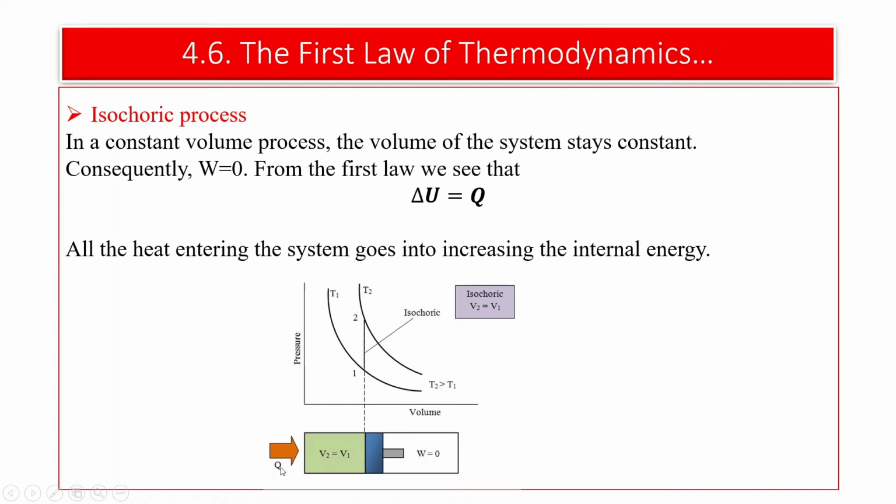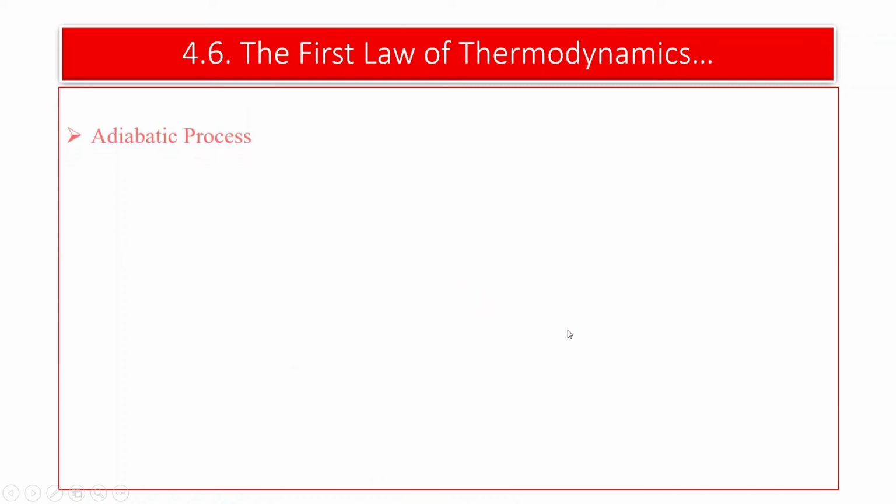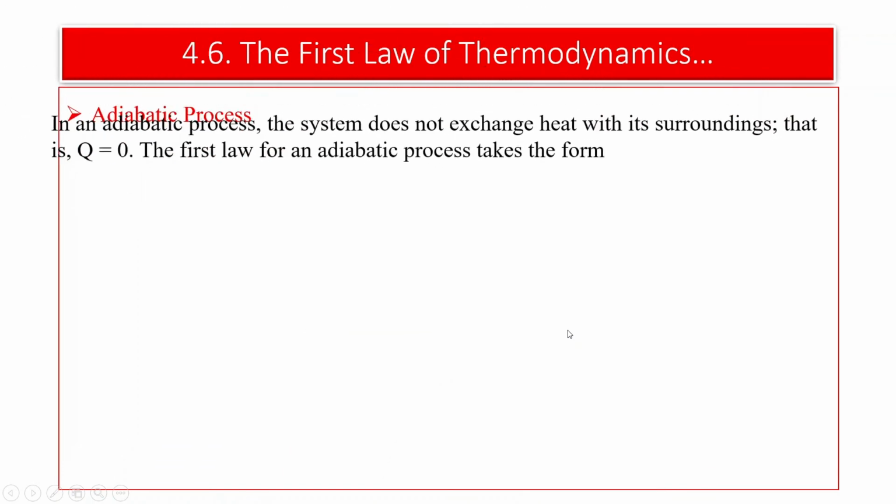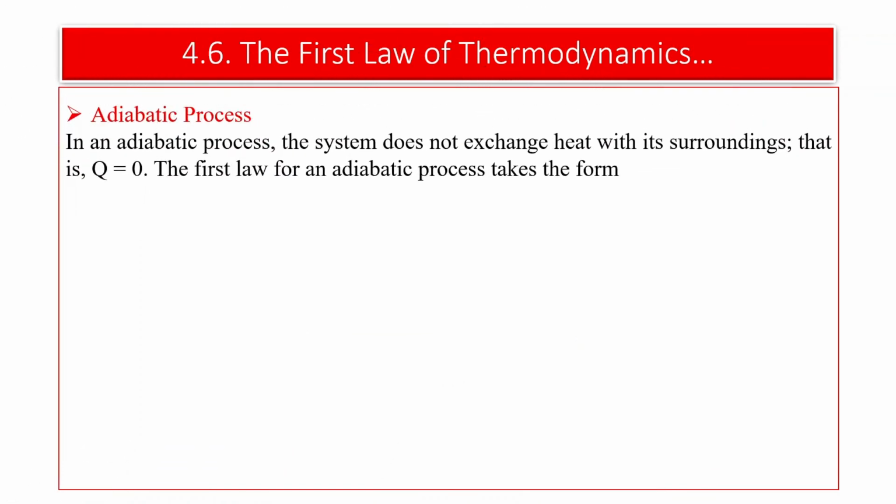So the energy Q, which is applied to this system, is not used to move the piston from here to somewhere else, but it can be used to change the internal energy of the particles. The translational kinetic energy of those gas particles may be increased, or their rotational or vibrational energy. Okay, the other one that we get is the adiabatic process.